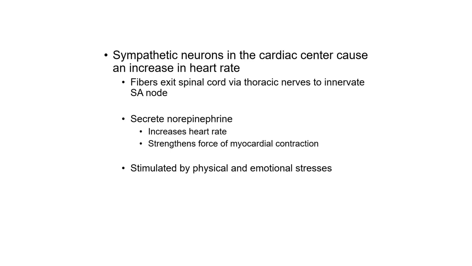There is a secretion of norepinephrine, which can increase heart rate, and it also strengthens the force of the myocardial contraction. So not only is your heart beating faster, but it's contracting more strongly. And this could be stimulated by physical and emotional stress.